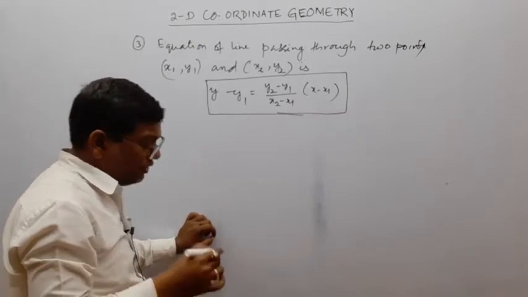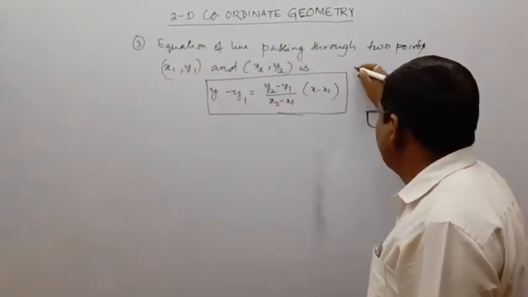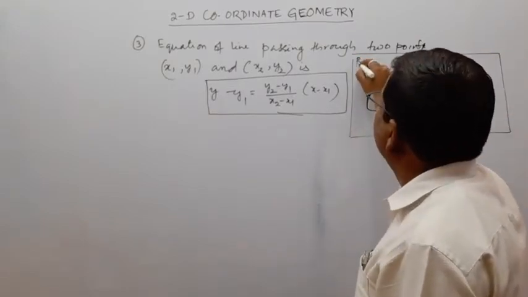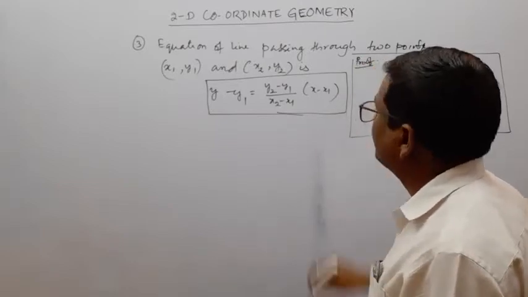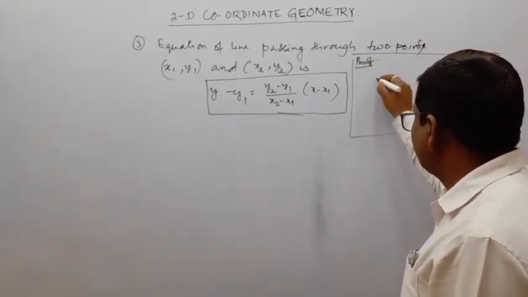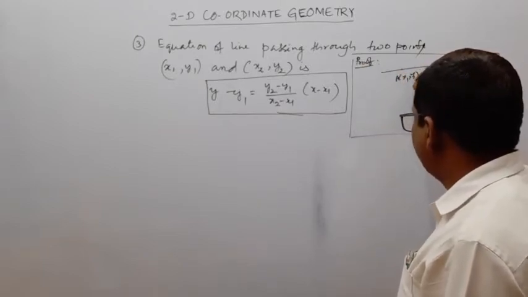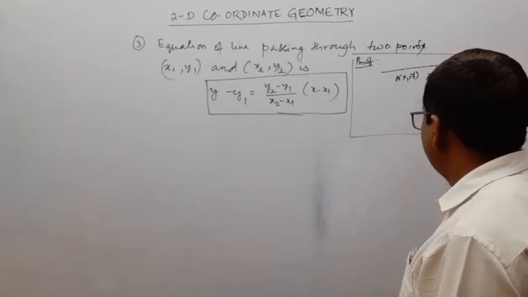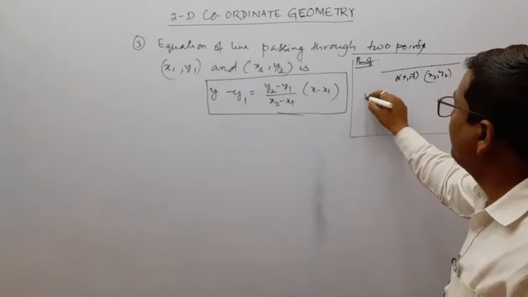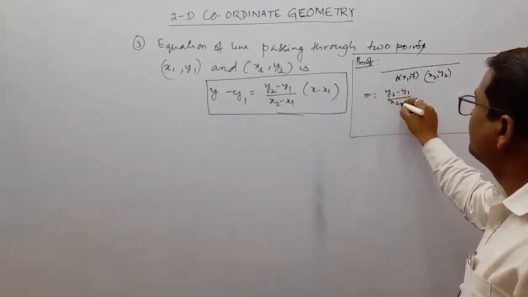The proof is very easy. We know the equation of line passing through a given point. Suppose the points are x1, y1 and x2, y2. Now m is equal to the slope of line, y2 minus y1 divided by x2 minus x1.